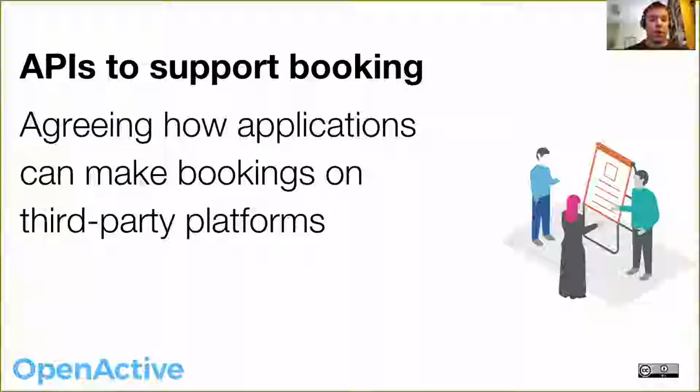Beyond that, we also have to think about how we turn opportunities into participation. So once somebody has found an event, a session that they want to take part in, we need to be able to give them the ability to book a place to take part in that activity.